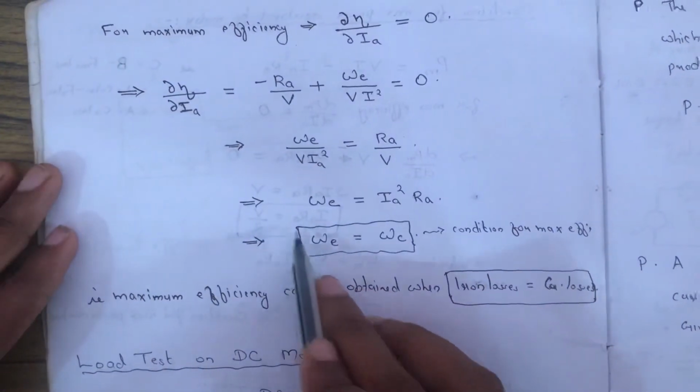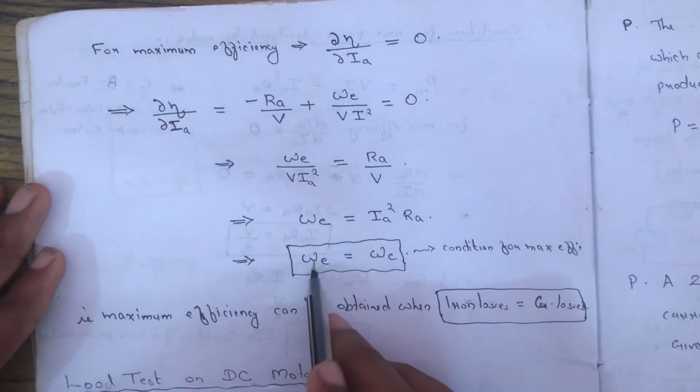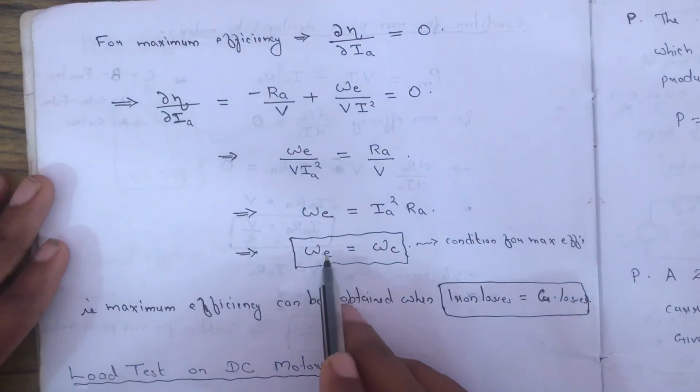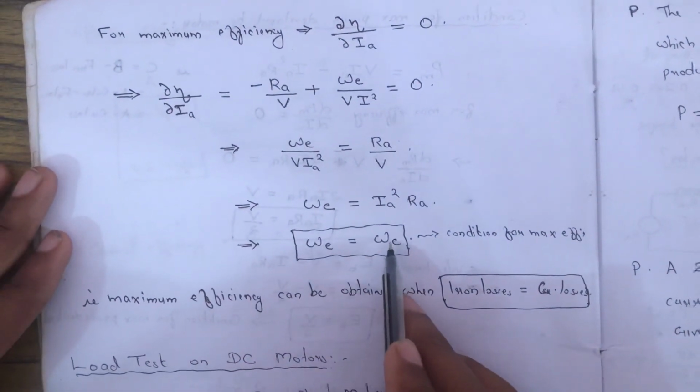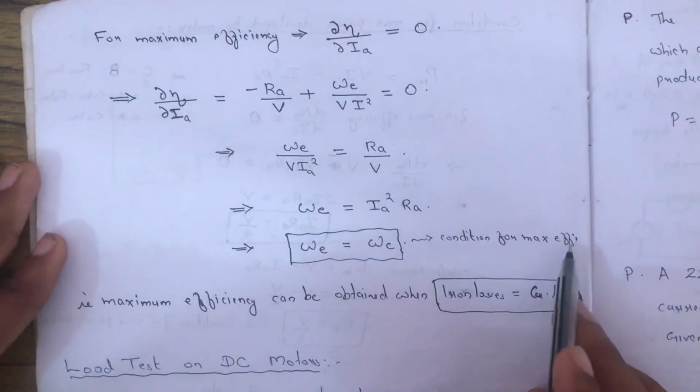That is the condition for maximum efficiency: whenever the iron losses are equal to the copper losses, we get the maximum efficiency in that motor.